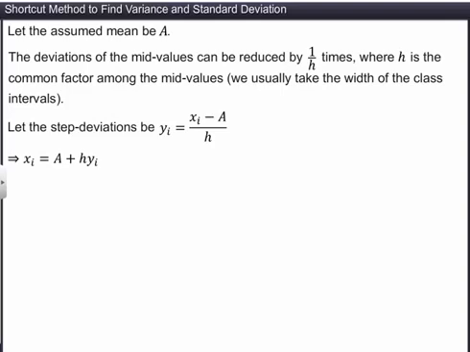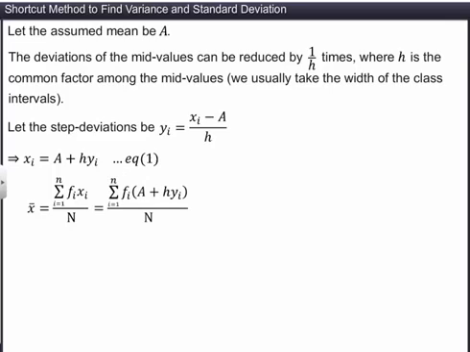We know that the mean x bar is equal to the sum of the products fi and xi divided by n. On replacing the value of xi from equation 1, x bar is equal to the sum of the products of fi and (A plus h yi) whole divided by n.